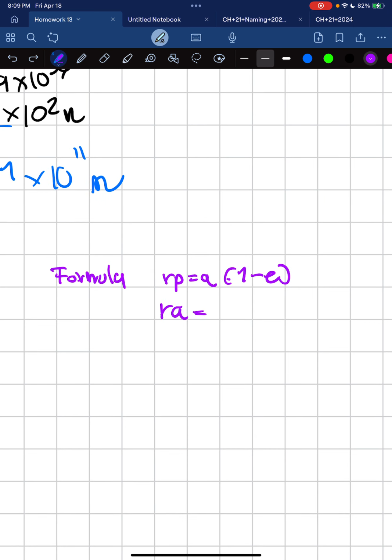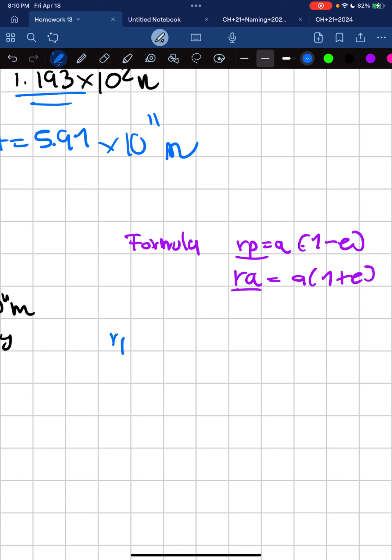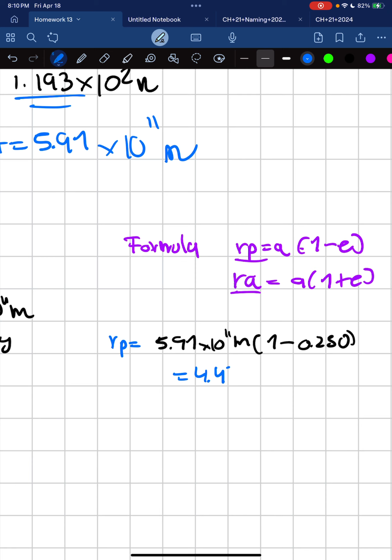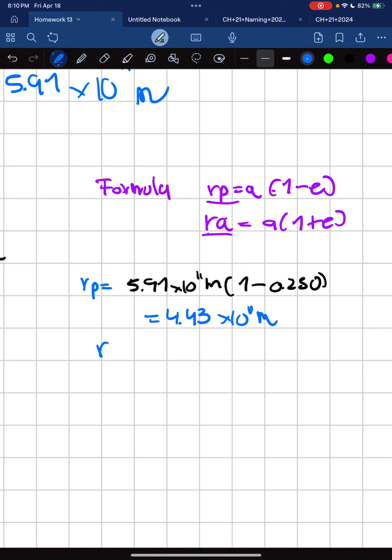This is gonna be the formula for RP, which is the radius of the perihelion, and then the radius of the aphelion, which involves the eccentricity. So let's start with the first one, which is perihelion: the semi-major axis times 1 minus eccentricity. When we do that, we get 4.43 times 10 to 11 meters. And then now let's do this one, which is the same, but we use a positive value over here.